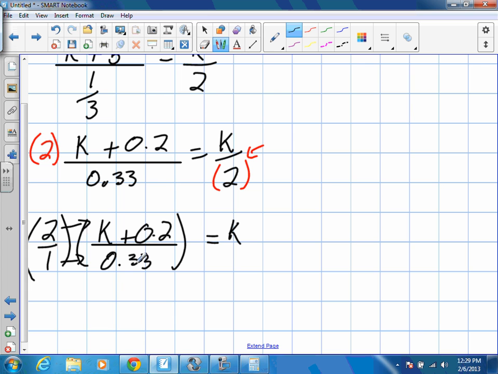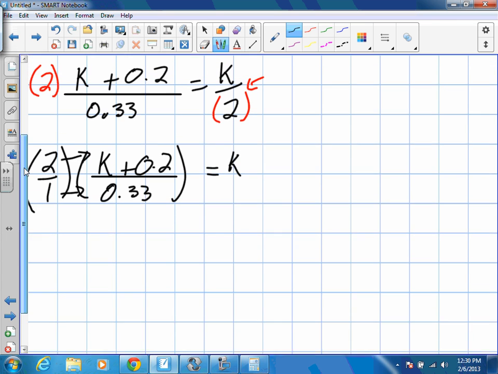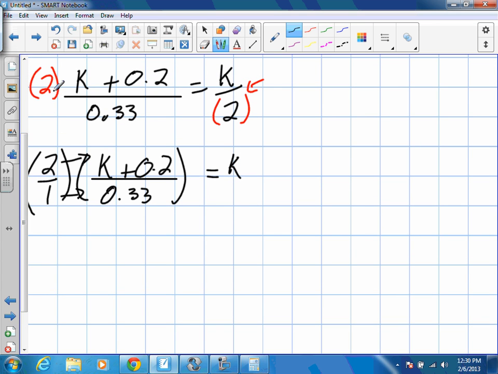Now I want to get these all in one because I want to show you a shortcut after, so it doesn't get too confusing. So, in other words, see how the way I wrote this 2? When you have a fraction on the other side and you're multiplying, that term really just goes to the top of the fraction. So the 2 is multiplied by our k plus 0.2. And the bottom part of the fraction stayed the exact same.